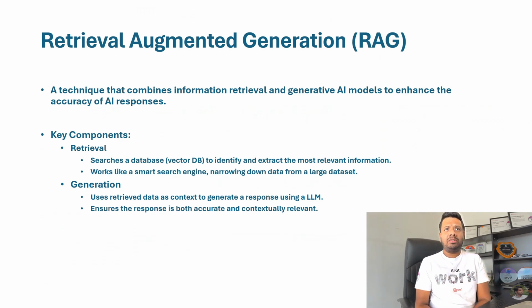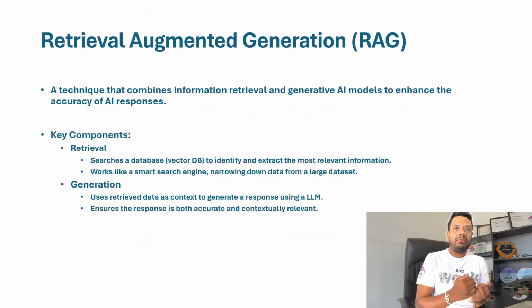So how do we do the retrieval? As I mentioned, in RAG, there are two components. One is retrieval, the other one is generation. In retrieval, it uses a search in this vector database to identify the relevant info and extract it to your memory so that it can use it as the context to generate a response.